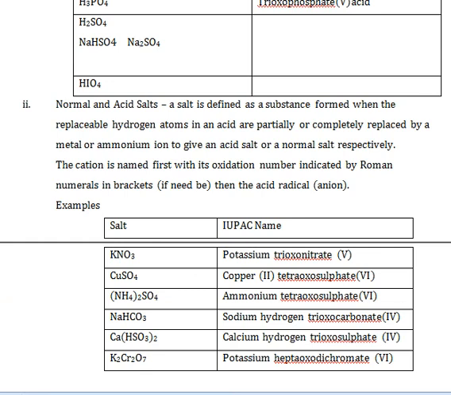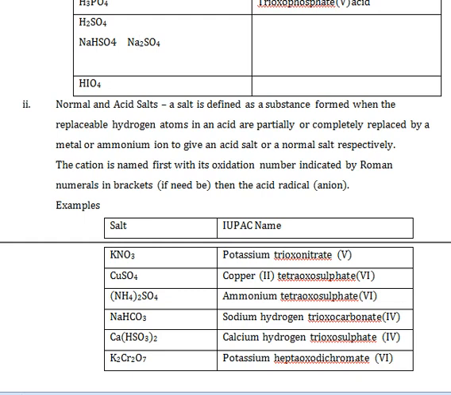Now, a case where you replaced with one and you are still having a hydrogen atom in the compound, that one is an acid salt. But a case where you replaced completely to give you Na2, in that case, what you are having is a normal salt.